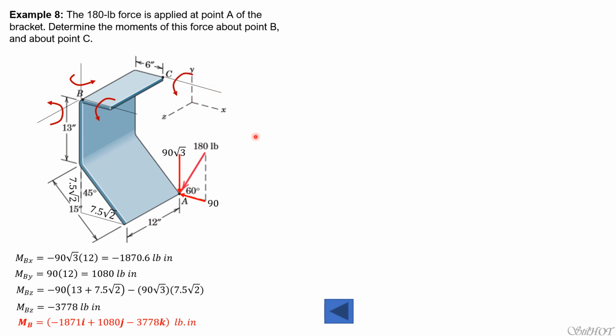So because point A, this point here, this edge and this edge here, including C, lie on the XY plane, therefore the 90 square root of 3-pound force has no moment arm, or it crosses the CX axis.